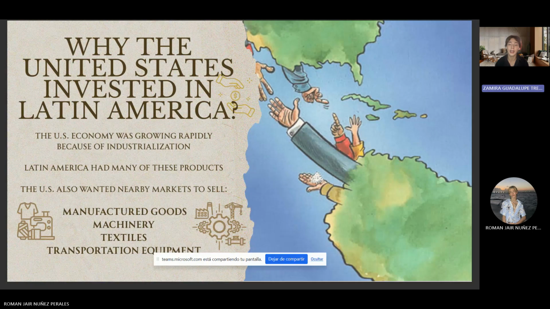Because of that, it also sold many manufactured goods to the region, and it became a relationship of export. Transport was also one of the main relationships between the United States and Latin America. And banks and companies expanded through those years, and the United States became the main economic power.